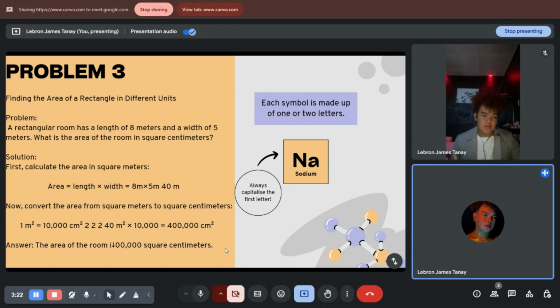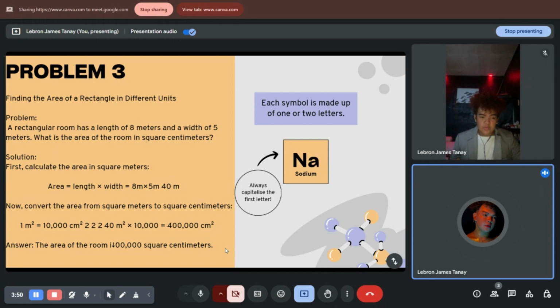Area is equal to length times width, or 8 meters times 5 meters is equal to 40 square meters. Now, convert the area from square meters to square centimeters. 1 meter squared is equal to 10,000 centimeters squared.